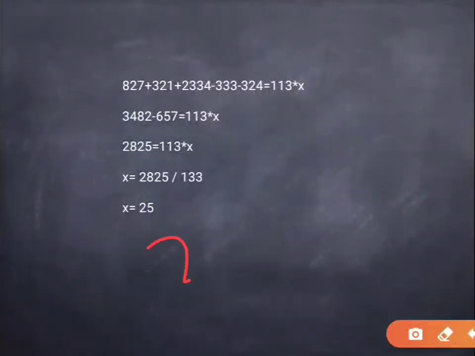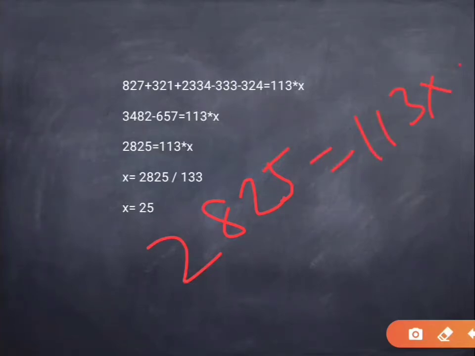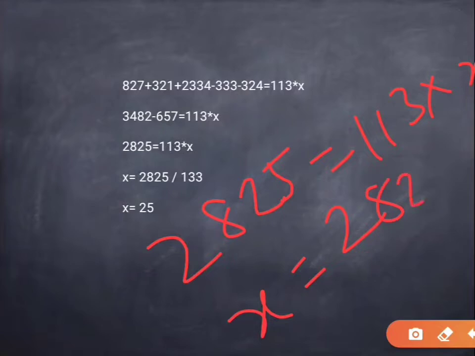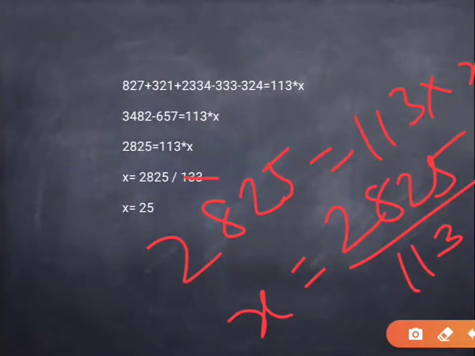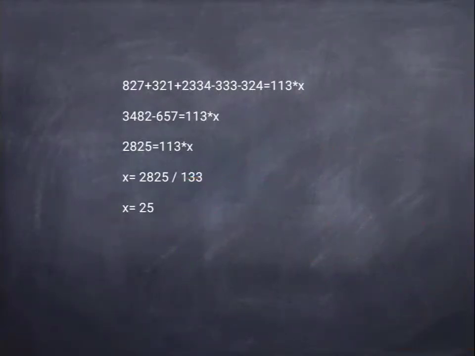Therefore we get 2825 is equal to 113 into x, or x is equal to 2825 divided by 113. Sorry, this is wrong. It is 113. X is equal to 2825 by 113, which is 25.